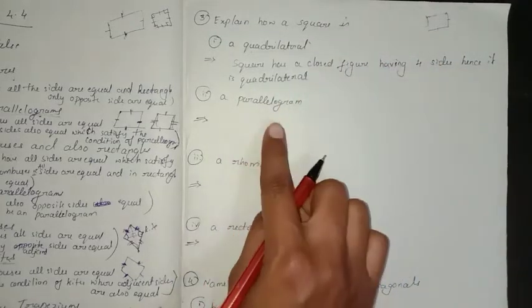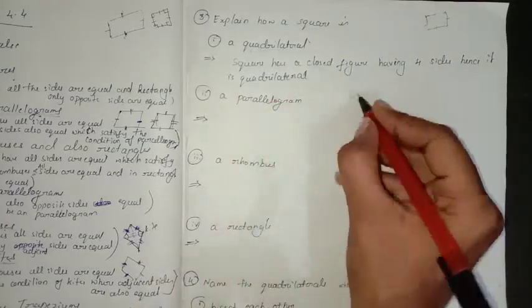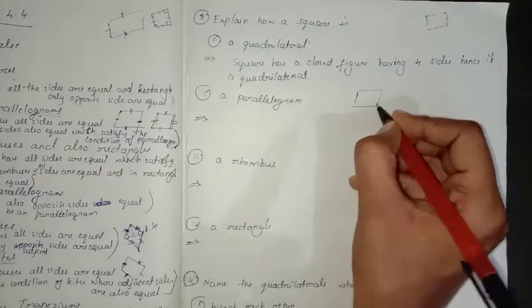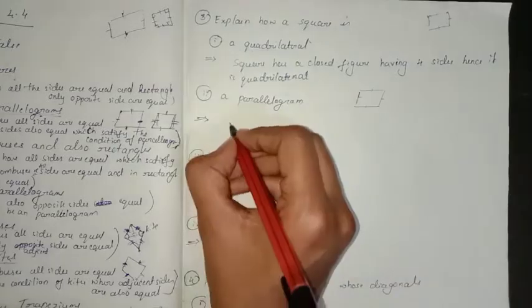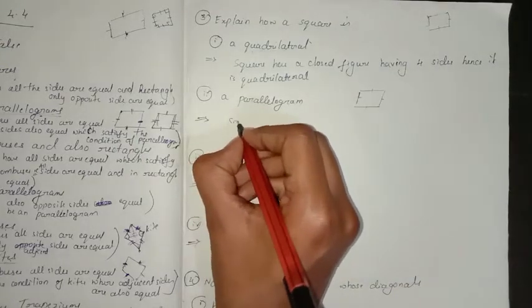And whether a square is a parallelogram. For that you must know the property of the parallelogram. A square is a parallelogram because opposite sides are equal to each other.